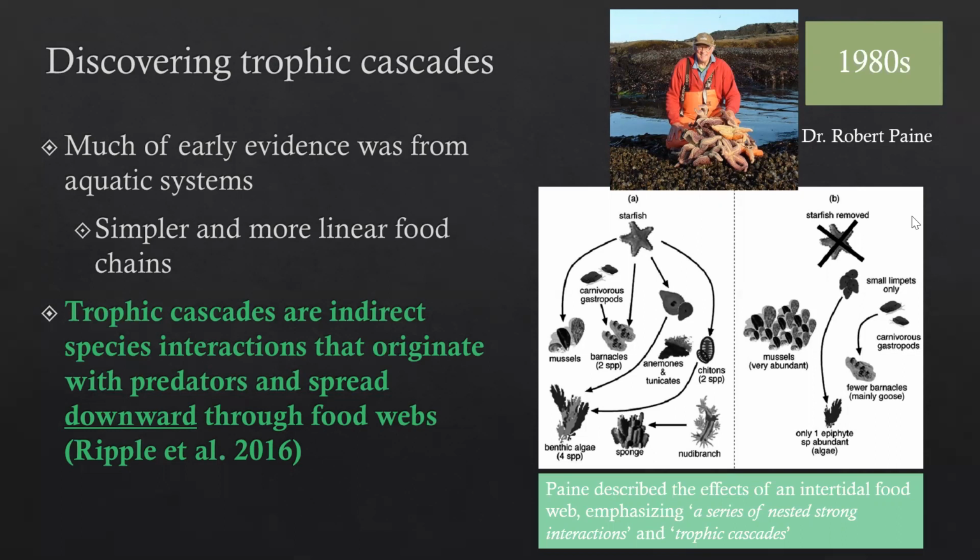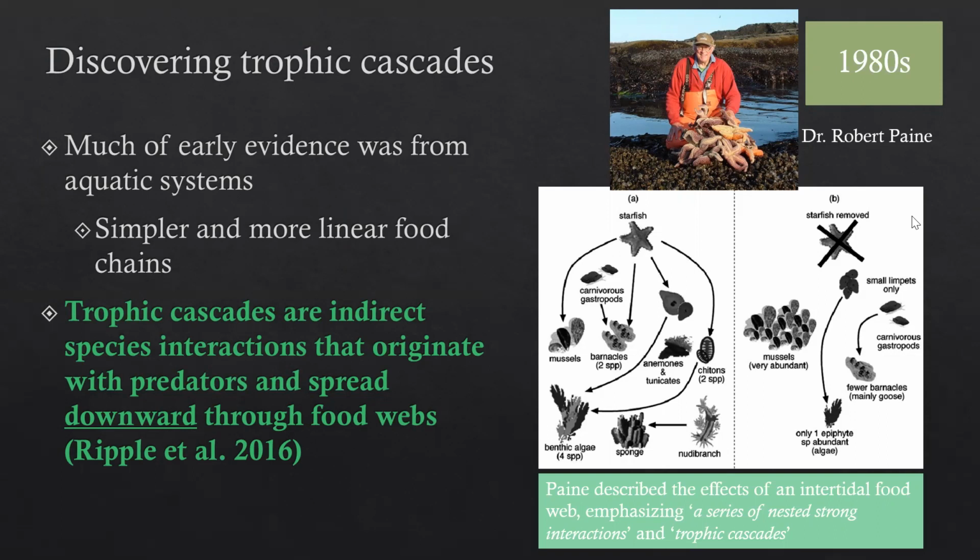And so in diagram A, in one of those tidal ecosystems that has starfish, you can see the complexity of that web. You can see that the starfish eats those sea anemones. And as a result, those sea anemones and tunicates are much lower in population, and so they don't really have much of an impact on the benthic algae, for example.